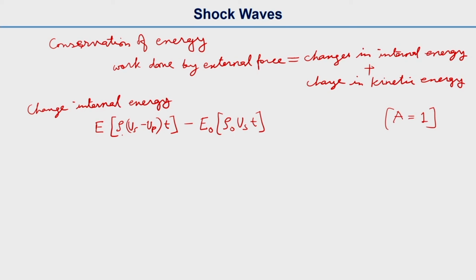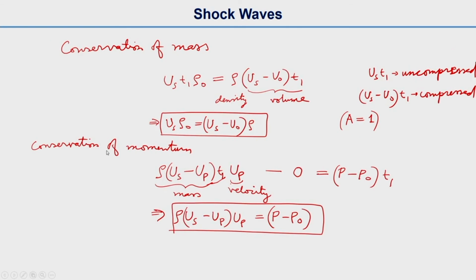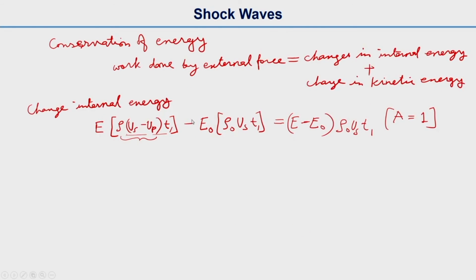So this is for the mass of the uncompressed region, and this will give us E minus E naught equal to rho naught Us T1. From the conservation of mass, we got that Us rho naught is equal to (Us minus Up) multiplied by rho. That will give us Us rho naught. So the final expression will be this.